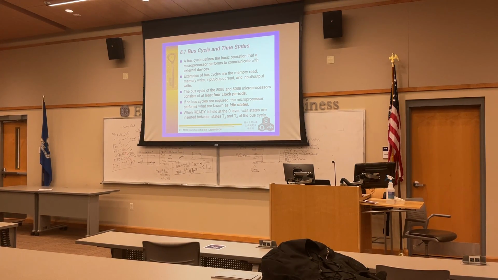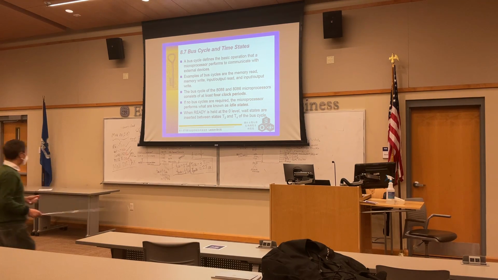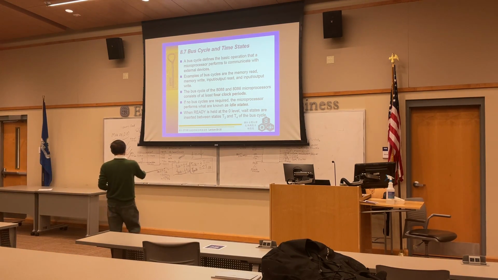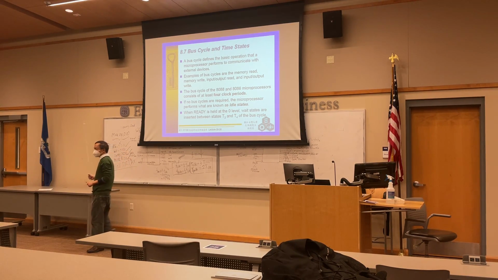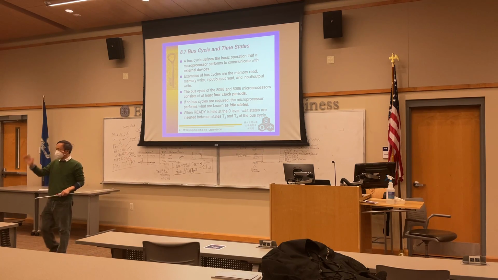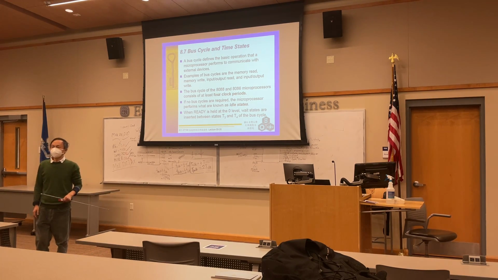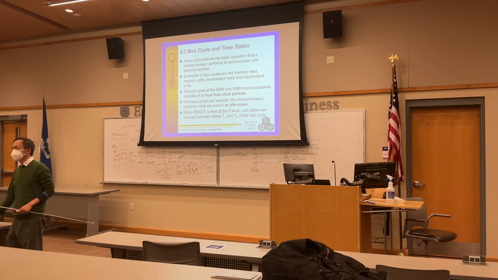Is it okay? So that's the reason we said a bus cycle is different from a clock cycle. A clock cycle is 1 over the clock frequency, 0, 1, that's 1 clock cycle. But in order to accomplish a task, the time it needs, we call a bus cycle.